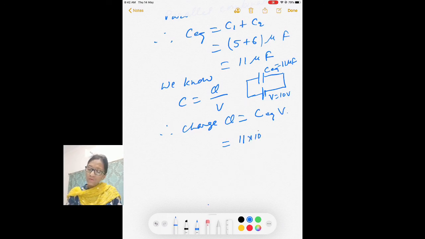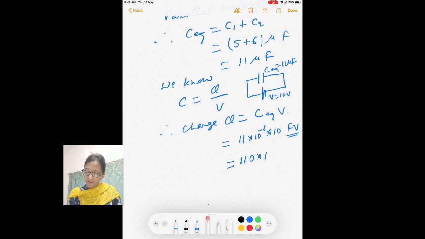11 into 10 power minus 6 into 10, and this is your farad into volt, and this you can write as coulomb only because charge has unit coulomb also. So this is your 110 into 10 to the power minus 6.